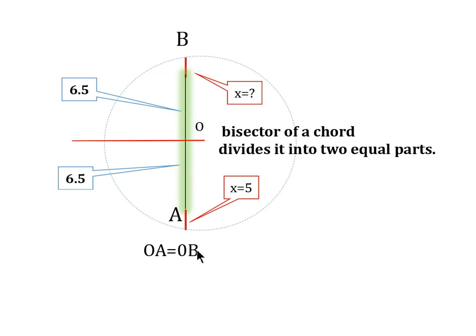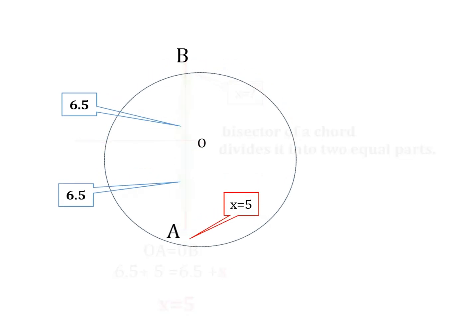So OA equals OB. OA can be written as 6.5 plus 5, the same as 6.5 up to this green highlighted part, and the red part we have to determine is the value of x. That's why x is written here. After calculating this equation, we'll find the value of x will be 5.